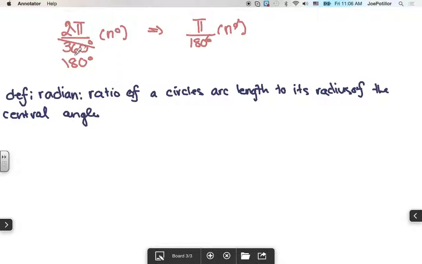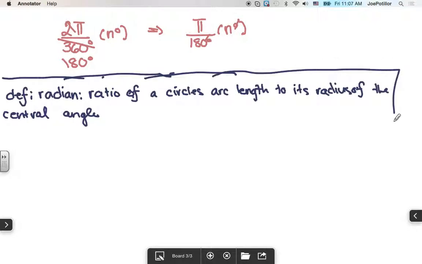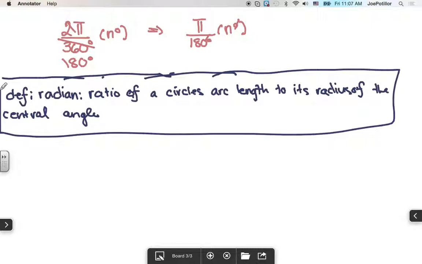Okay. So it's the ratio of the arc length to the radius, or S divided by R, of that. So this is the definition of a radian. So angle theta is defined as S divided by R. This ratio is, of course, the definition of what a radian is.